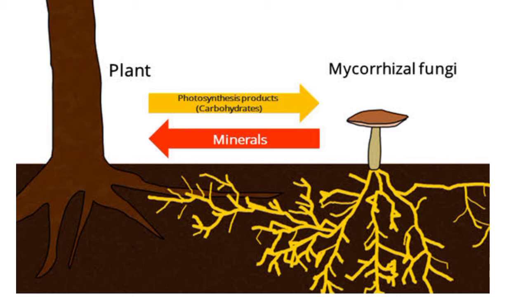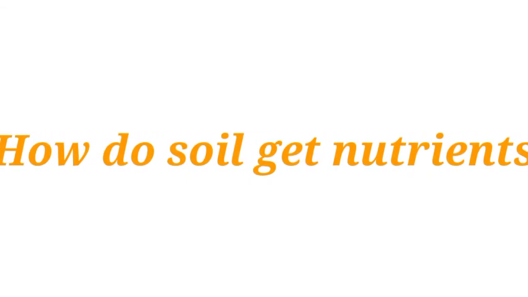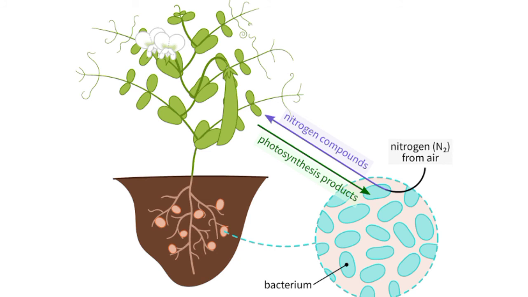Understood? Next is replenishment of nutrients in soil. How does soil replenish the nutrients? We all know that plants require nitrogen for their growth. Nitrogen is the ultimate source for plants in order to give good yield and good crops. So how will this nitrogen be replenished in the soil?